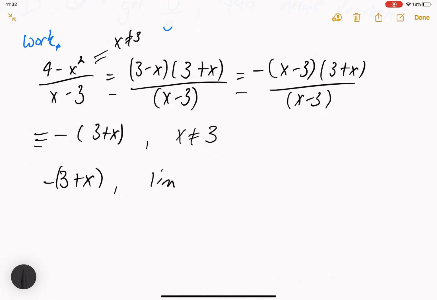So the limit as x goes to 3 of negative (3 plus x) is equal to negative 3 plus 3, which is negative 6. The reason is that 3 plus x is just a polynomial, so we're allowed to plug in 3.